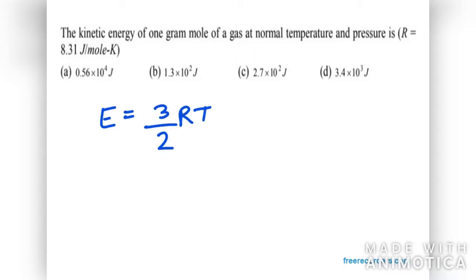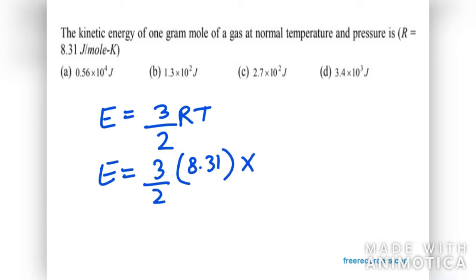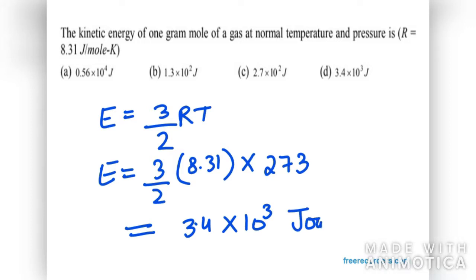The last formulas we did are very important, so you must consider them. So E is equal to 3 over 2 times R, which is 8.31, times 273, since it says normal temperature. When you solve this, you will get your answer as 3.4 into 10 raised to power 3 joule. So the right option is D.